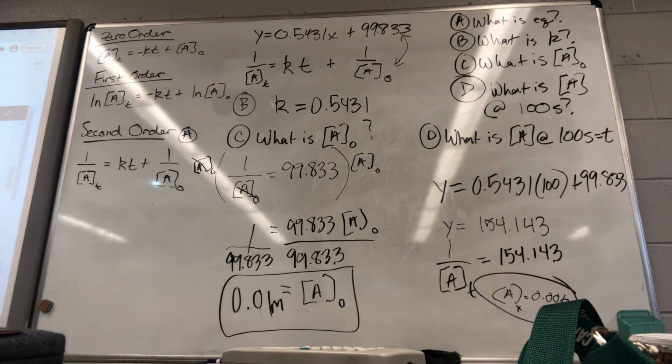You're going to go through the example problems, and you're going to do them one at a time. So for the first one, you're going to write what the equation is from your Excel file. The next thing you're going to do is tell me if it's 0, 1, or 2 order. Then you're going to determine the K and your concentration at the last time point. The last thing you have to do is the half-life.